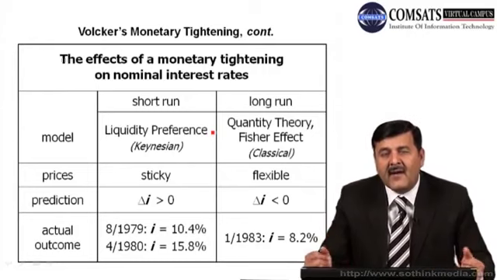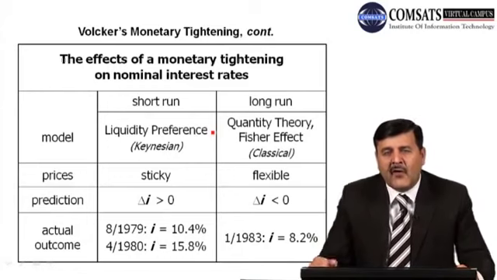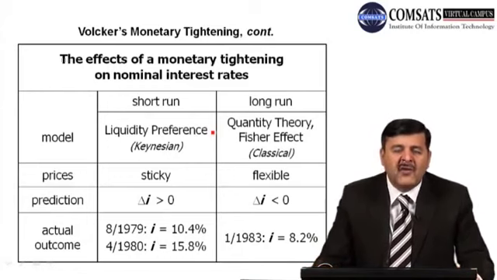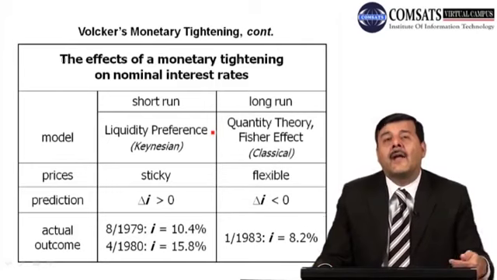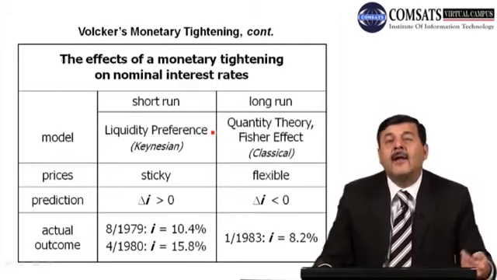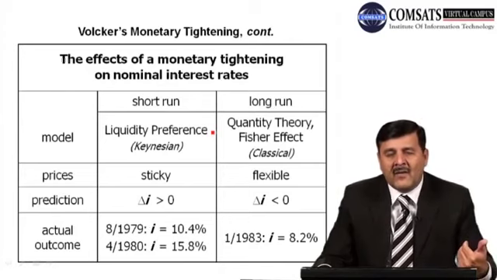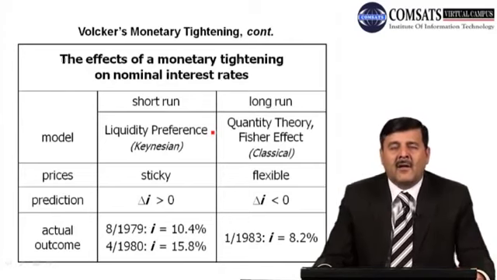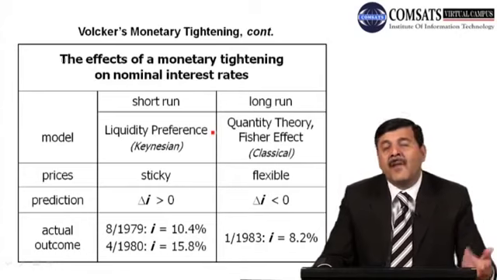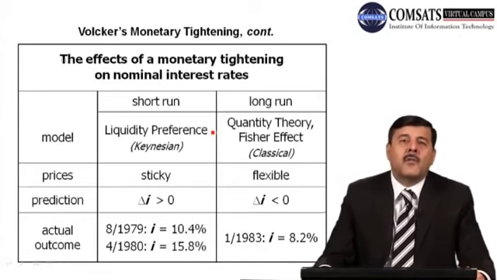So we have discussed the case study in which the chairman of the Federal Reserve of America wanted to reduce inflation in the country and the economy, and how he can do that by reducing the money supply. When they reduced the money supply in 1979 and 80, inflation came down to 3.7%.